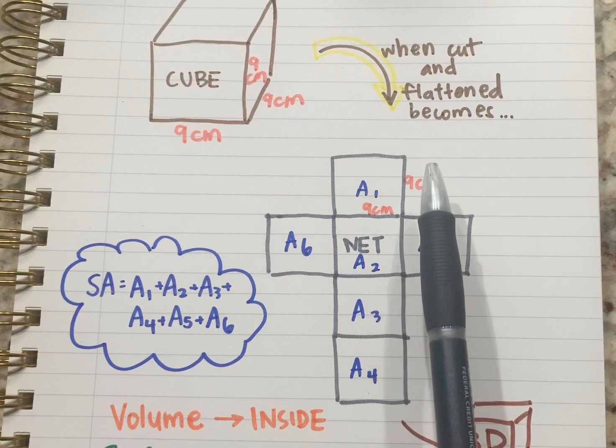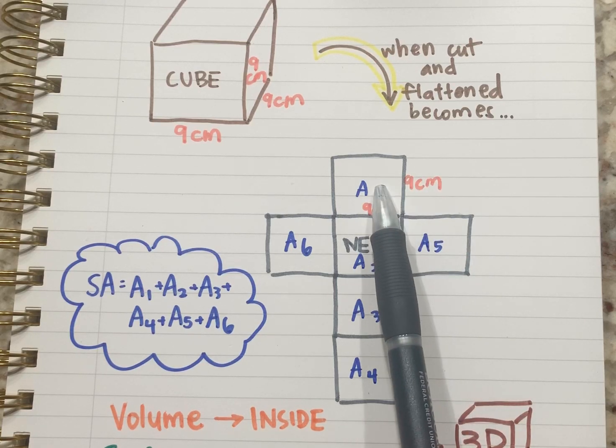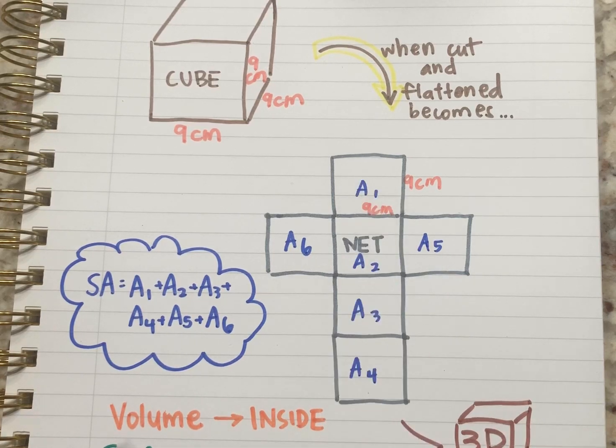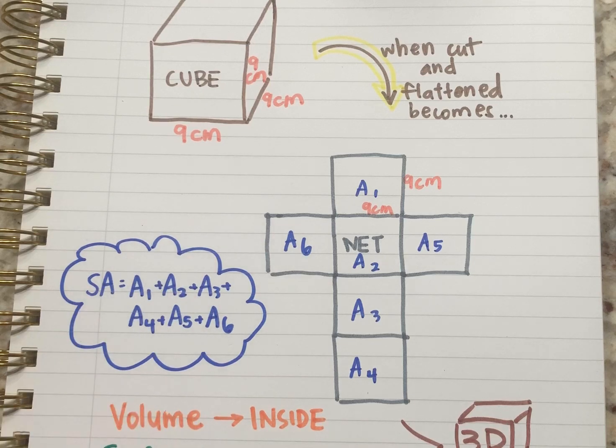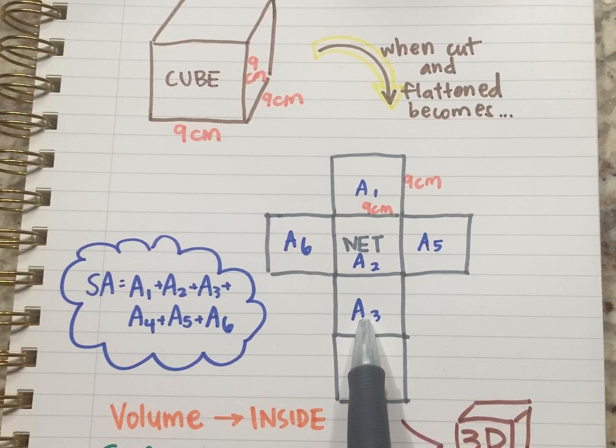Okay, so if you know the sides to A1, you should know the sides to A2, A3, A4, A5, and A6. And once you have all of those sides, you can find the area for all of these and total it up. Or, because in the unique situation of a cube, everything is the same, you can think of maybe more than one way to solve the surface area for a cube.